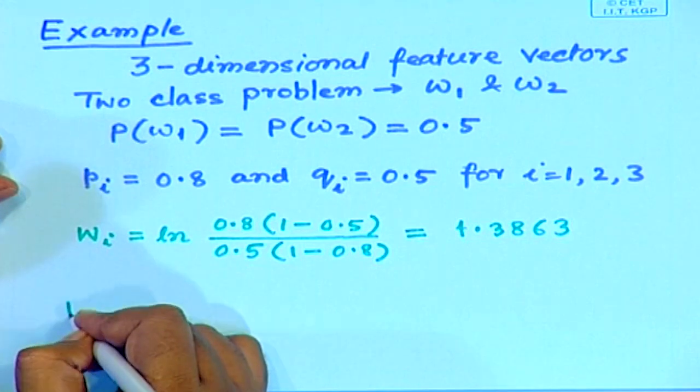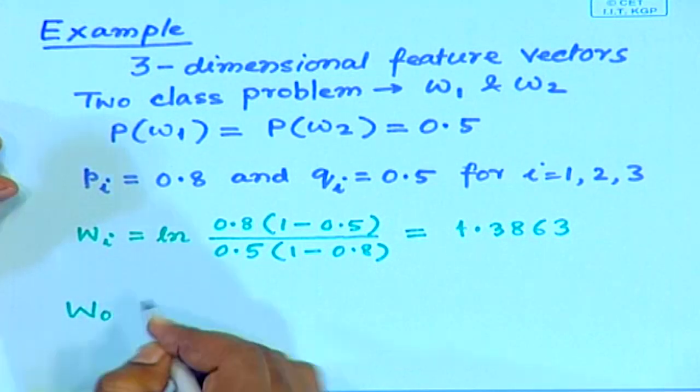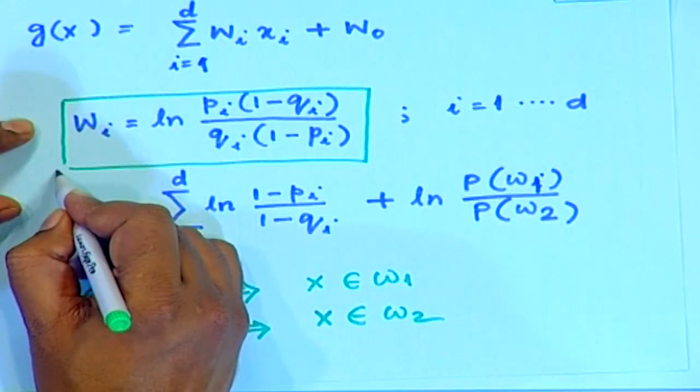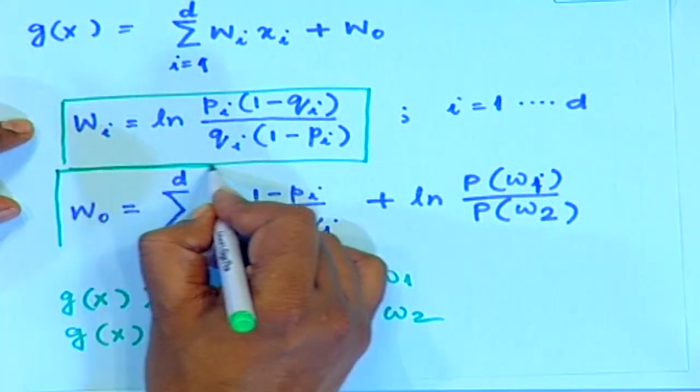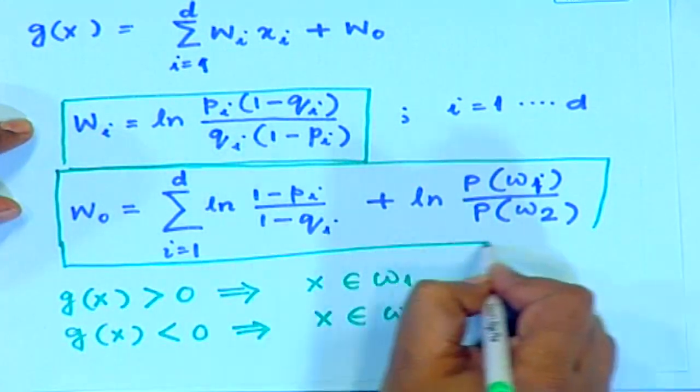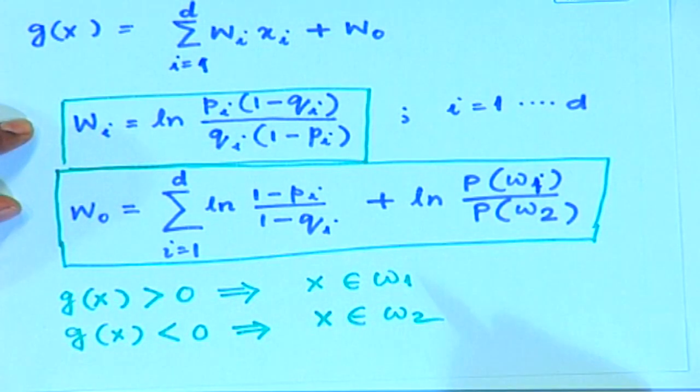and the threshold w naught, which is given by this expression, w naught is equal to log of 1 minus pi upon 1 minus qi, take the summation for i is equal to 1 to d, plus log of p omega 1 upon p omega 2.